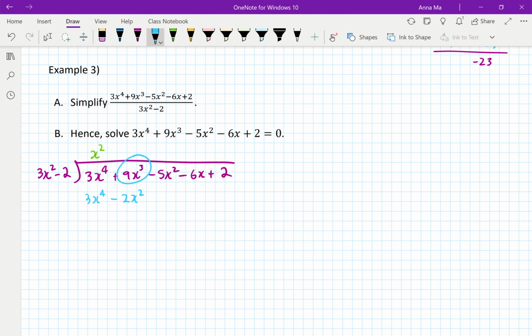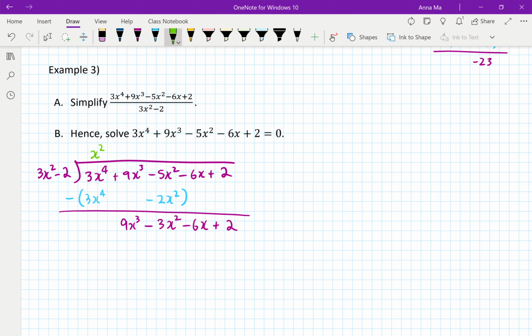Notice how it doesn't match with the cubic, so I'm just going to move the term to the column that it belongs to, the quadratic term column. Still subtract it away, then I will get 9x cubed, no, it's a plus 2x squared, so I'll get minus 3x squared minus 6x plus 2.